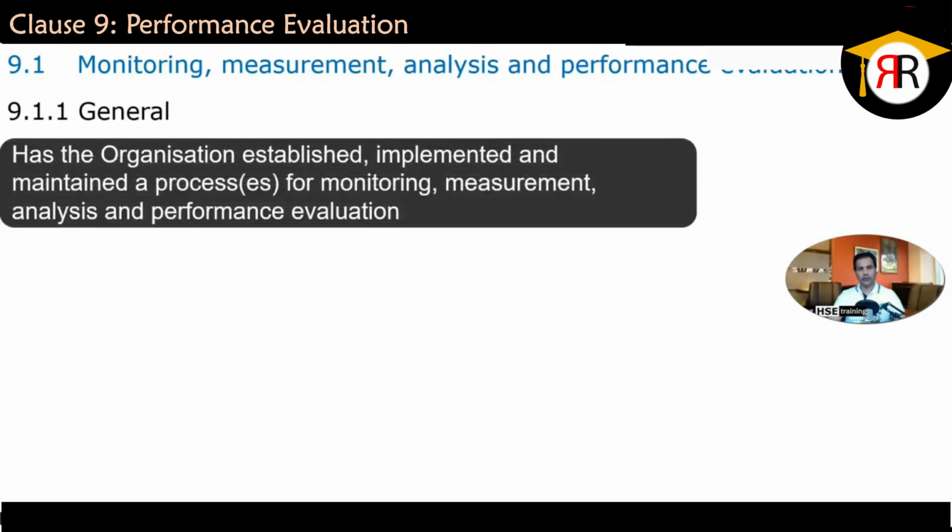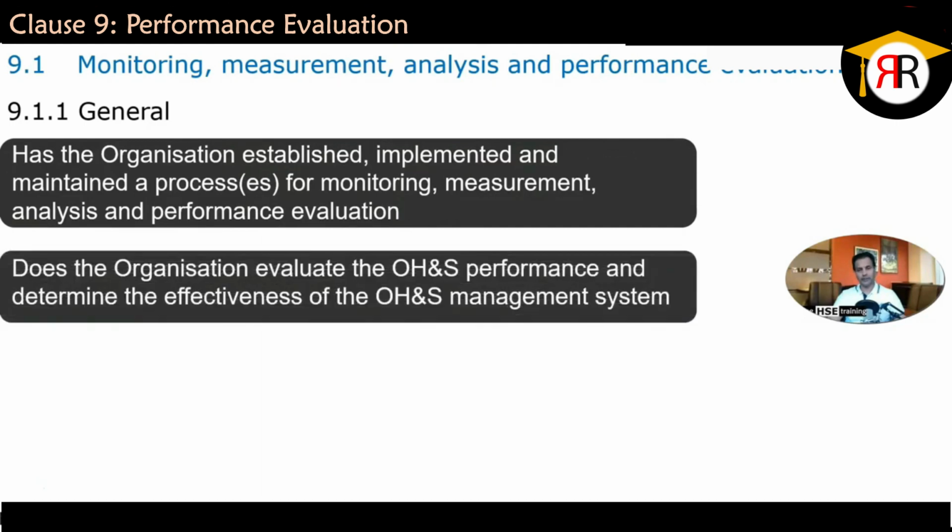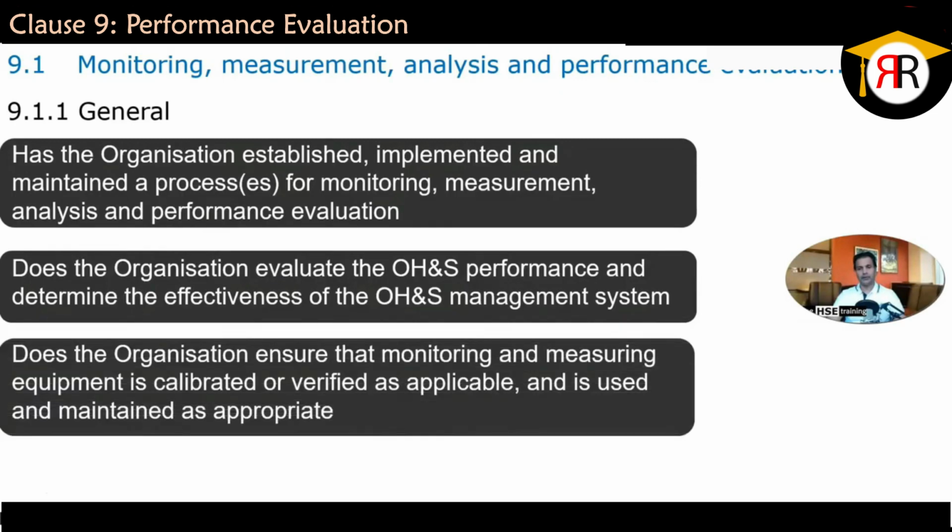In general, has the organisation established, implemented and maintained a process for monitoring, measurement, analysis and performance evaluation? Does the organisation evaluate the performance and determine the effectiveness of the OHSMS management system? And does the organisation ensure that monitoring and measuring equipment is calibrated or is verified as applicable and is used and maintained as needed?